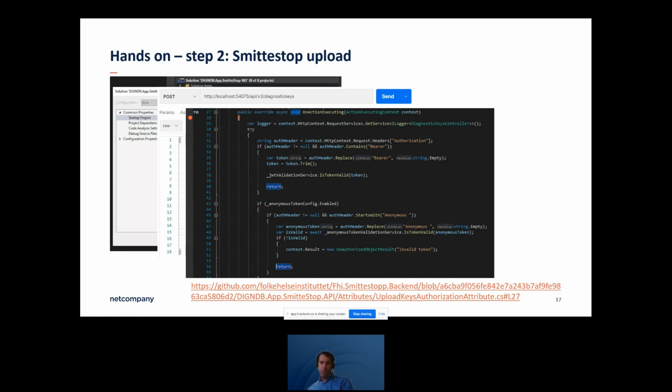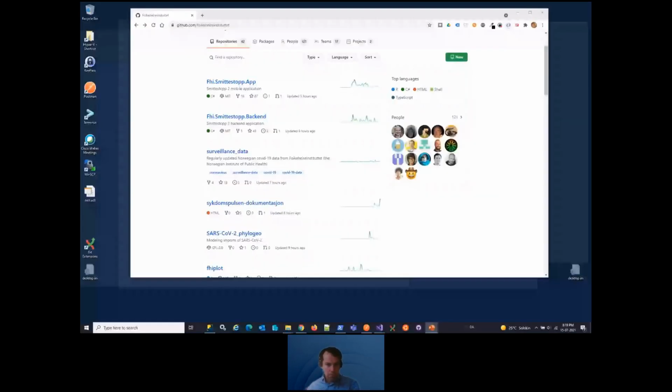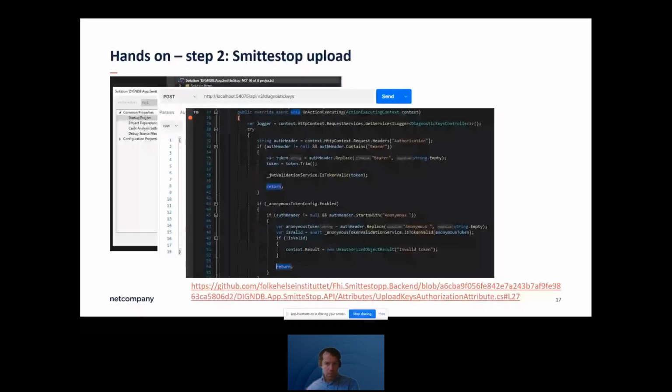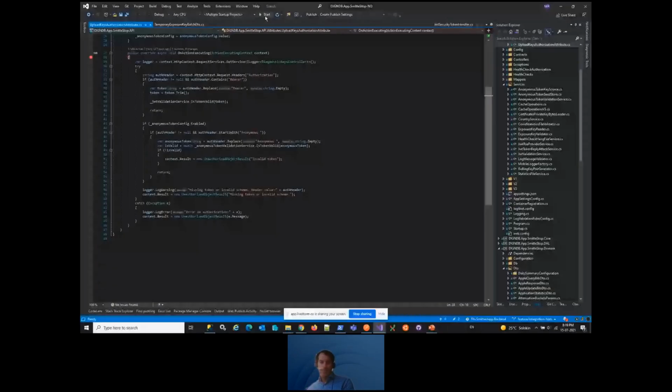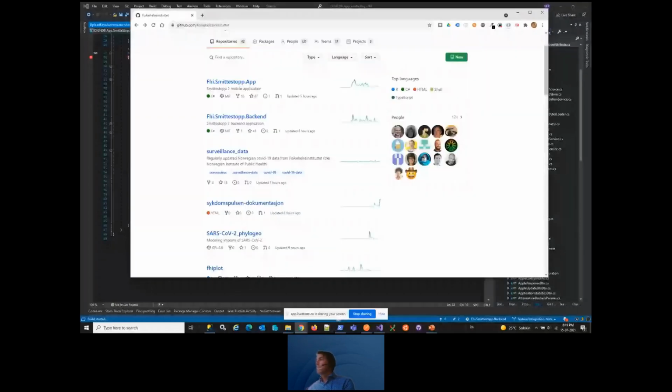So now we should be able to, just one second. Why isn't it started? Oh, yeah. Now I started here. Just while this application is starting up, this is the repository that you should go to look over the code.